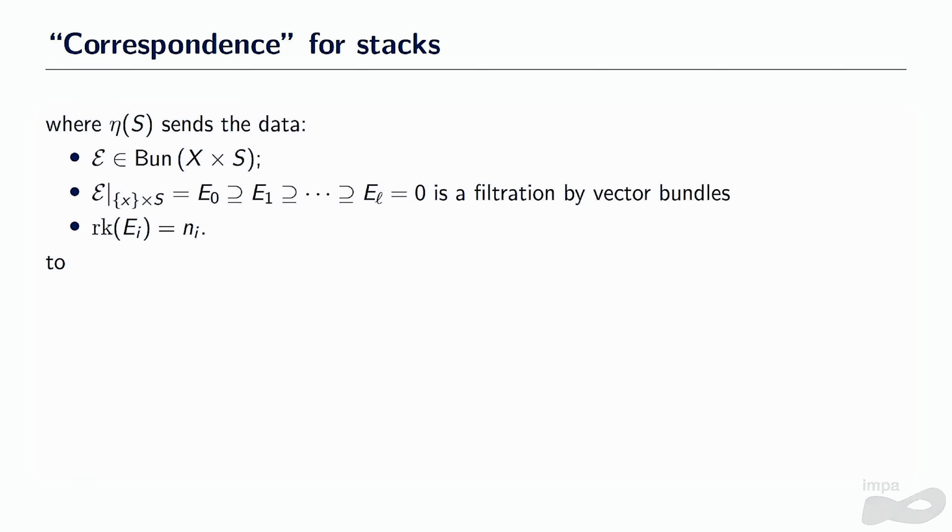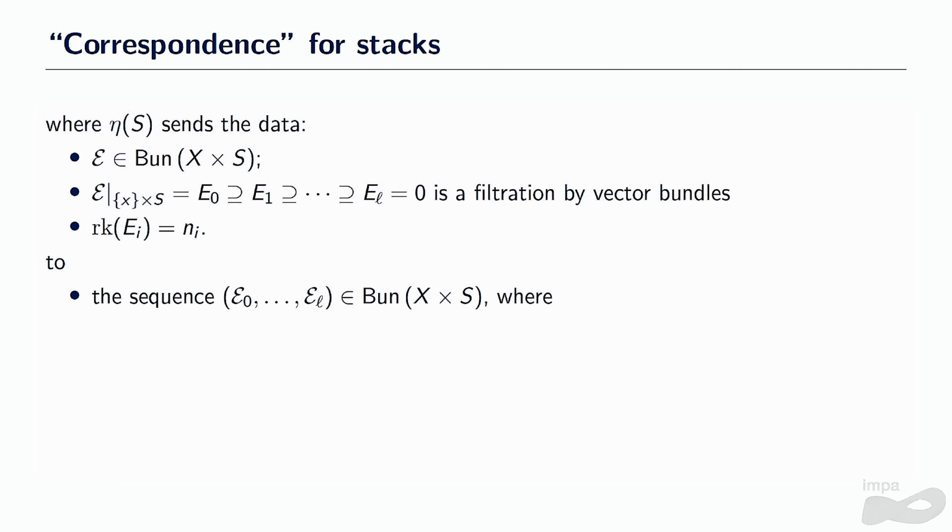What do we have from the parabolic side? From the parabolic side, we have the following. We have for each K-scheme S a vector bundle and a filtration of vector bundles for each point. I have to tell you where these go in the groupoid parameterized by the Hecke stack, which is the following.